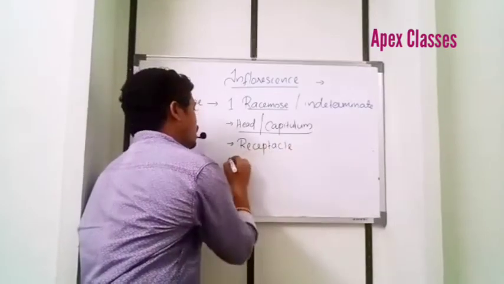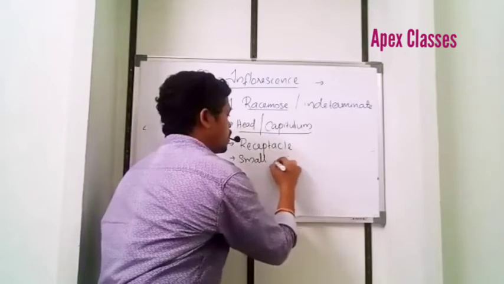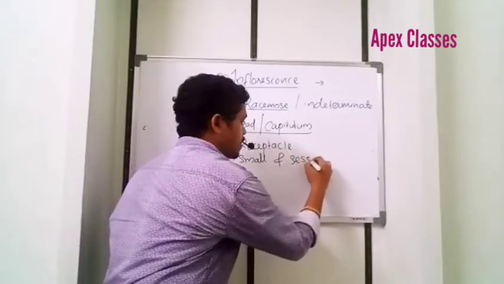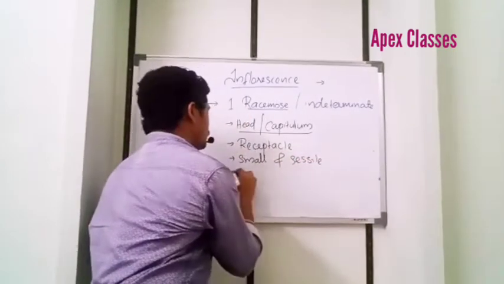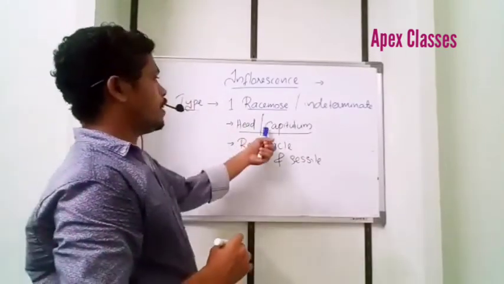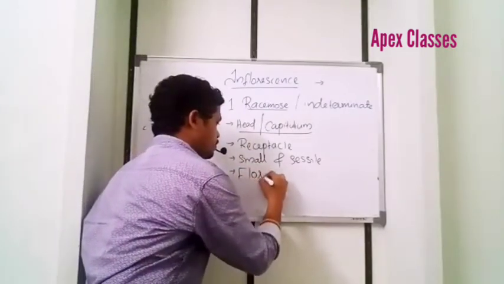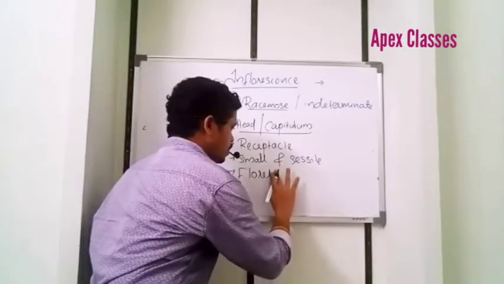The flowers are small and sessile. This small sessile flower in the head inflorescence is called a floret.